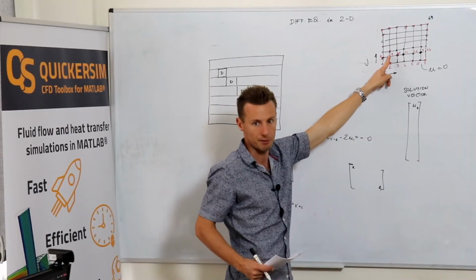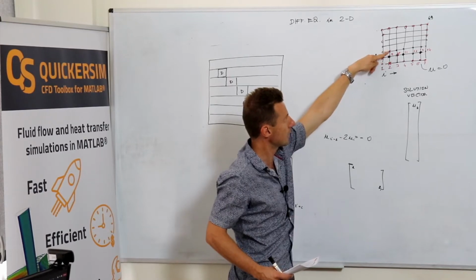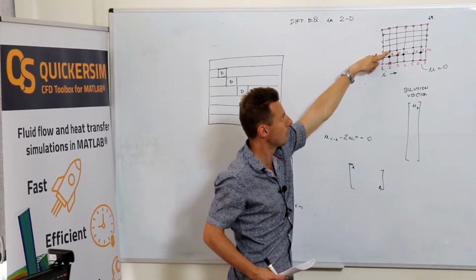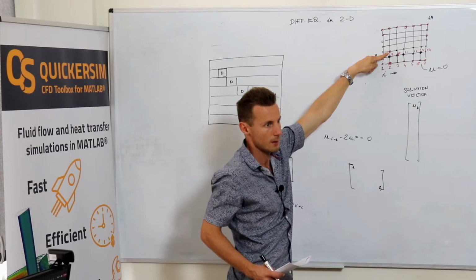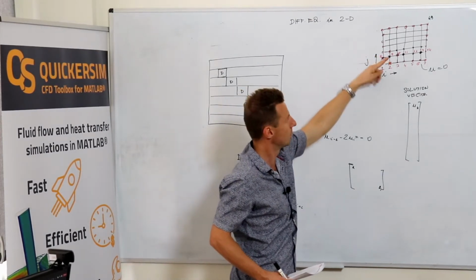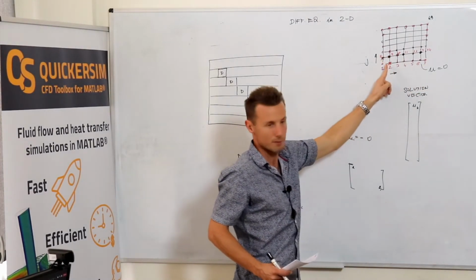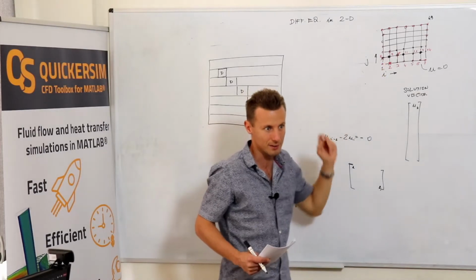But for that node, we need to add something more. We need to discretize the derivative of u with respect to the y variable. So in our numbering, we need to move back by 7.